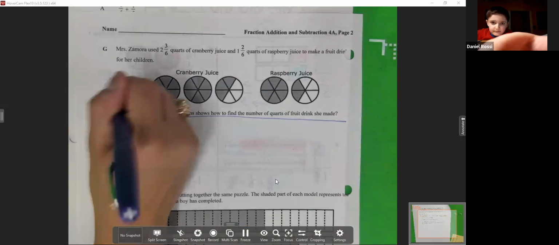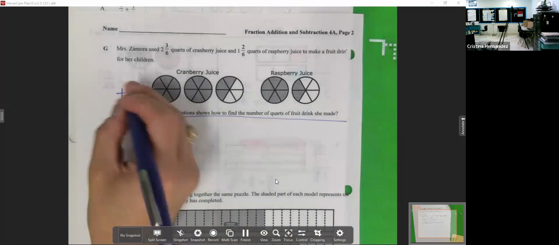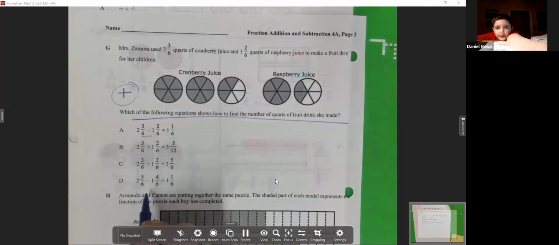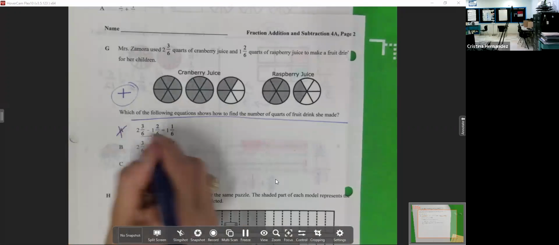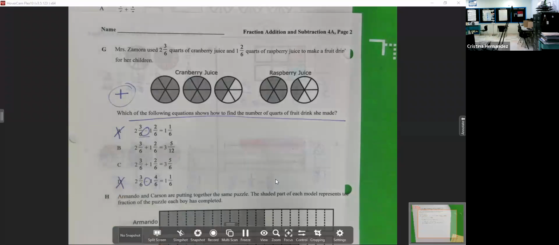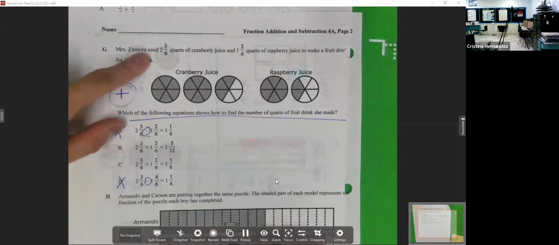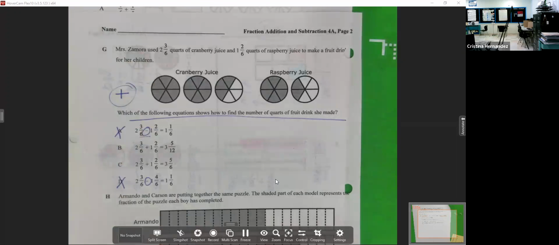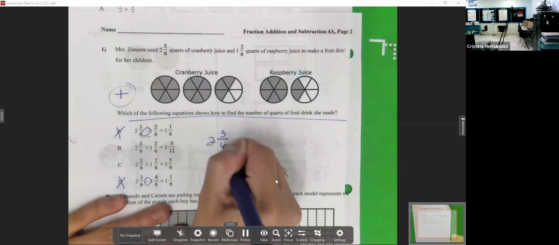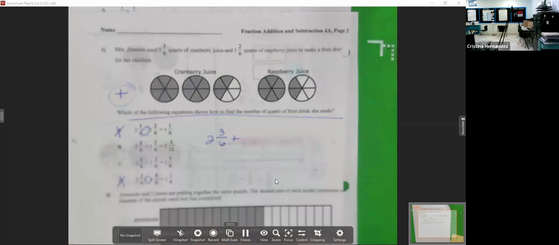Add. So let's eliminate A and D, because you're subtracting. How many quarts of cranberry juice did she use? 2 3/6, and we said we're adding, so plus.